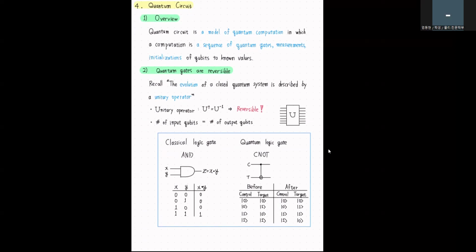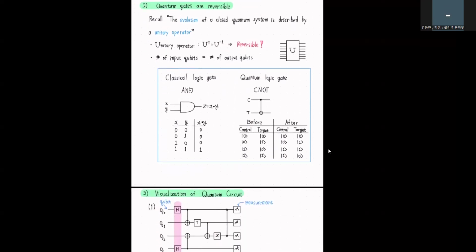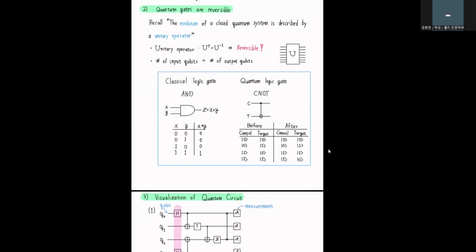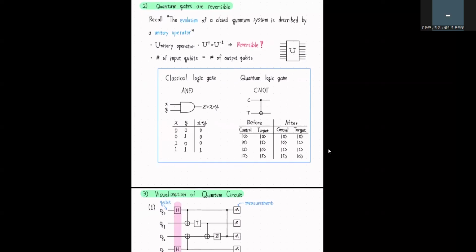So we're viewing our operations on these qubits as information processing, basically. If you recall from lecture two, the evolution of a closed quantum system is described by a unitary operator. And according to lecture two, we saw that unitary operators are always reversible.